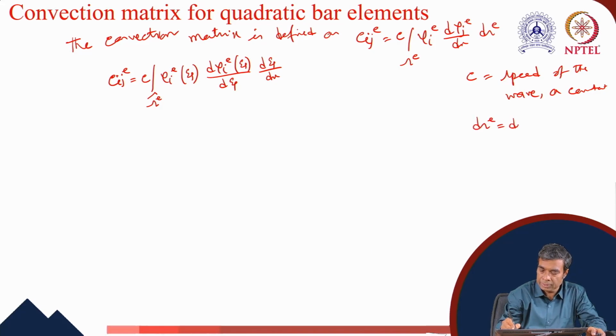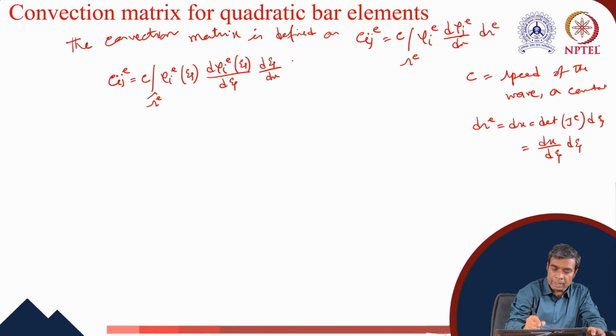Here dx equals determinant of J^e into d xi, so we can directly substitute dx d xi into d xi.